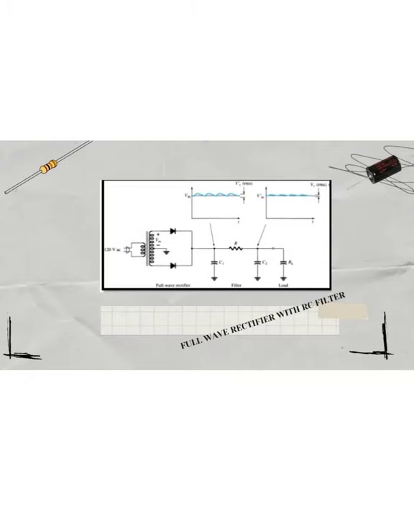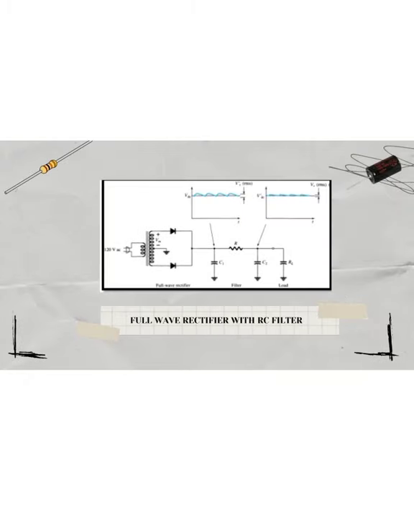AC voltage will be filtered to DC voltage by the capacitor filter and additional RC filter. The figure shows a full wave rectifier with RC filter. The resulting DC voltage usually will have some ripple or AC variation. That's why it has DC and AC components of the signal.